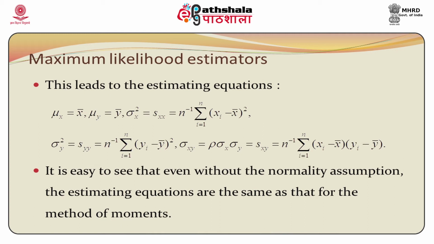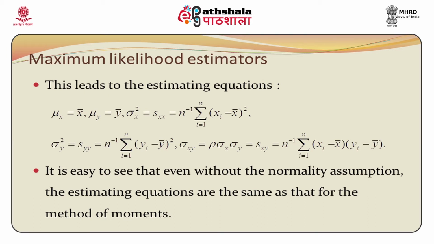What we are doing basically is equating the sample moments with the population moments. So, the moment estimators also would have led us to the same estimates. This is a standard result from the bivariate normal distribution and its ML estimates.